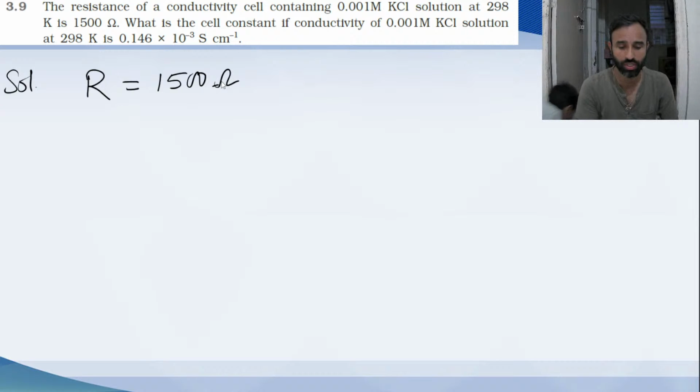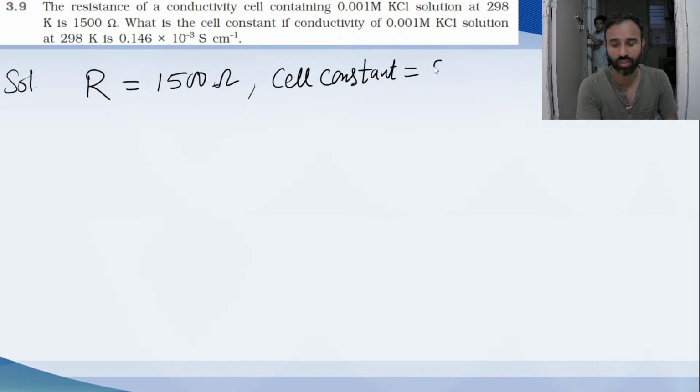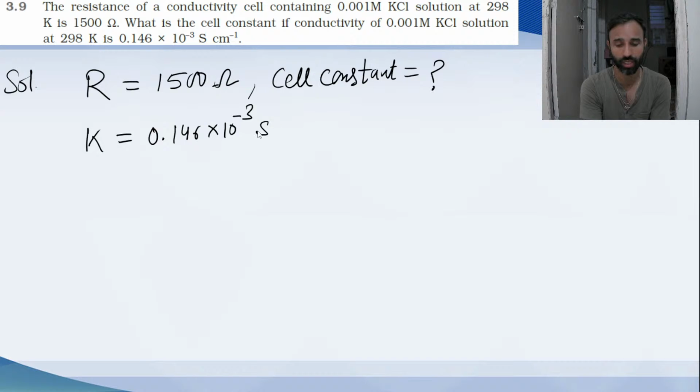You have to calculate the cell constant. What is cell constant? L upon A. And the conductivity of the same cell is given to you: 0.146 into 10 raised to power minus 3 S per centimeter. Resistance is given, conductivity is given. We have to calculate the cell constant.